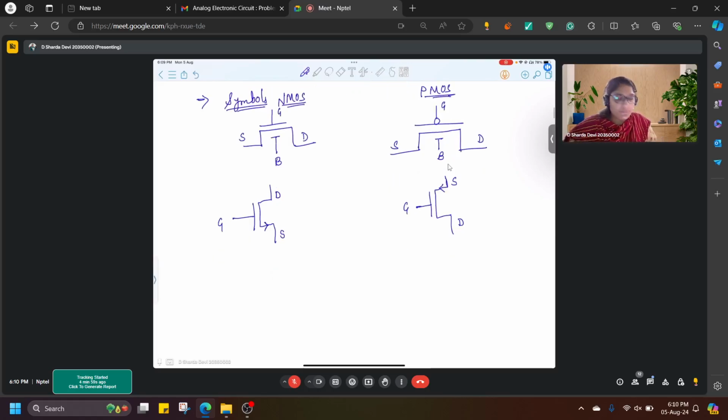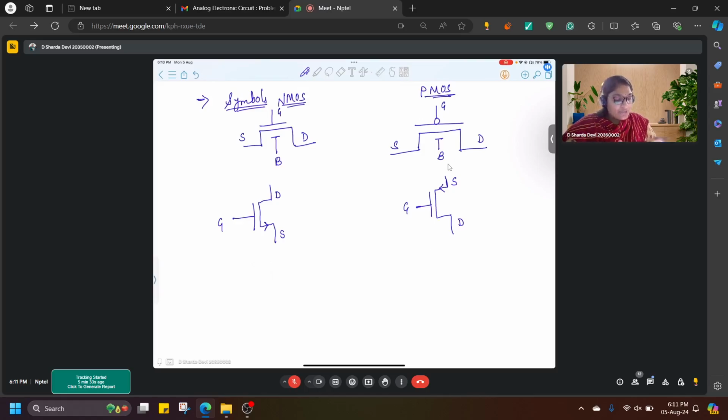This is very important to understand because the charges, either electrons or holes, flow from source to drain in both cases. But the current direction is opposite to the electron flow direction and the same as the hole flow direction. That's why in NMOS the current is from drain to source, whereas in PMOS the current flows from source to drain.